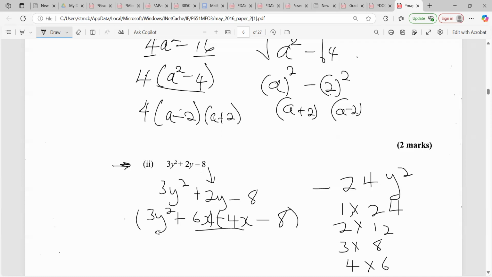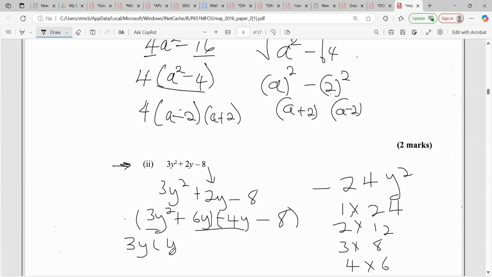So the highest common factor for this, we take out 3, and of course y is common. 3y into 3y squared leaves y, and 3y into 6y leaves positive 2.